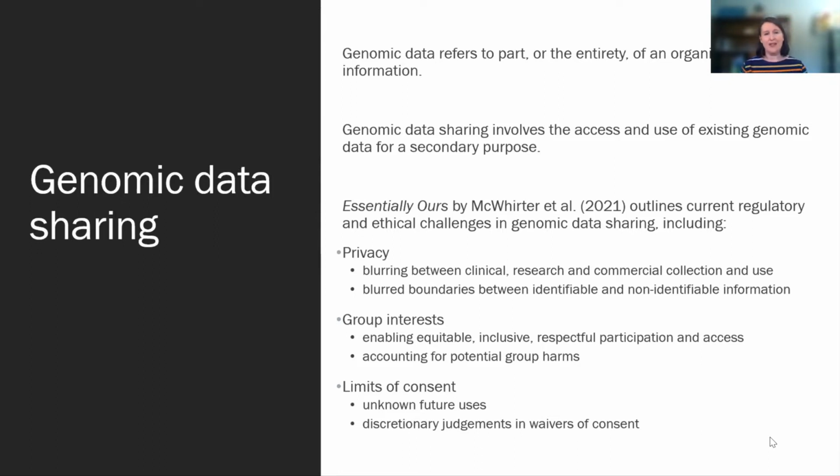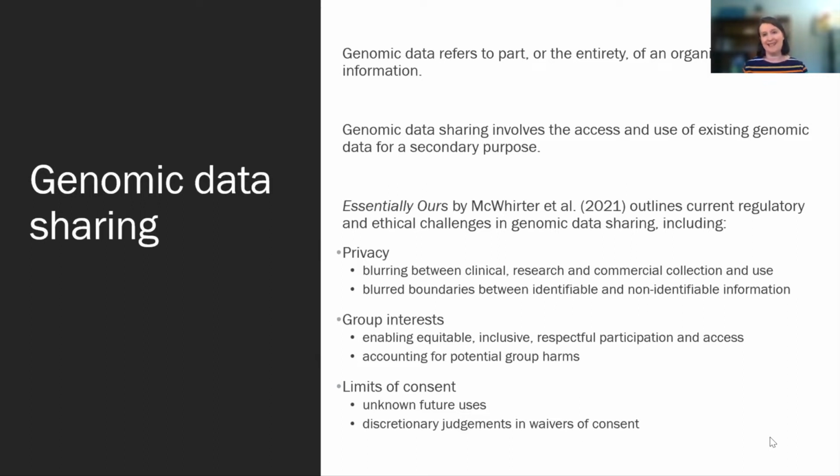mentioned. So there's a tension here in enabling the equitable, inclusive and respectful participation and access to genomic research, balanced with this need to account for the potential for disproportionate group harms. And there are also, of course, implications for consent and the limits of what consent can do in this space when we're talking about sharing genomic data, particularly in that secondary sharing for unknown ongoing future uses.